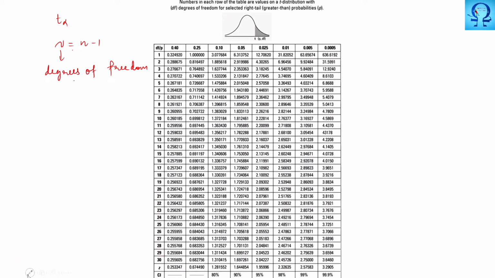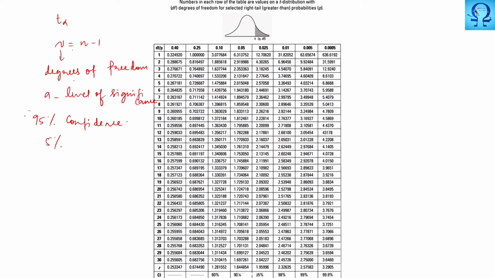As I said, this alpha is the level of significance. It is specified as needing 95 percent confidence, or sometimes it is said as a 5% level of significance, which means we can neglect this 5%, which means we need 95% confidence.